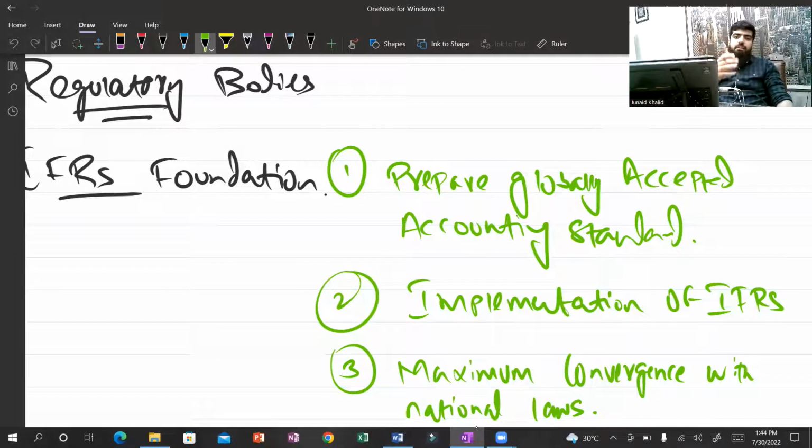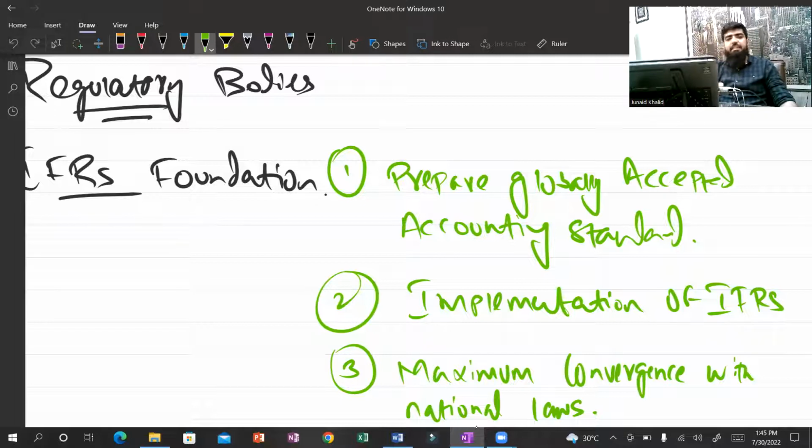There might be a dispute, there might be a contradiction with your partner, as two minds cannot be gathered at one point. So it was a very challenging task for IFRS Foundation, that accounting standards must have a maximum convergence with the national laws. So those were the three basic objectives of IFRS Foundation.